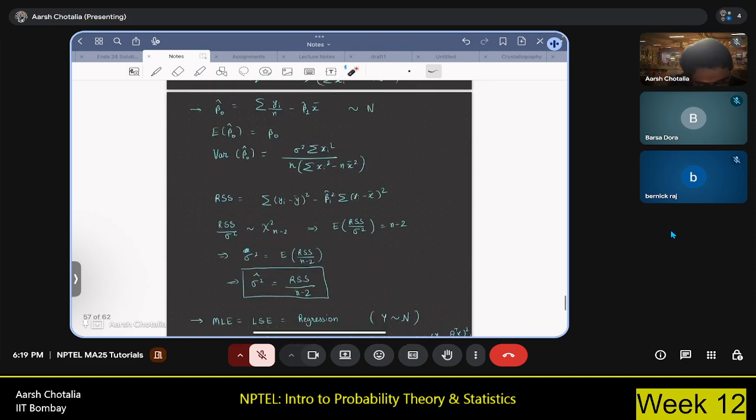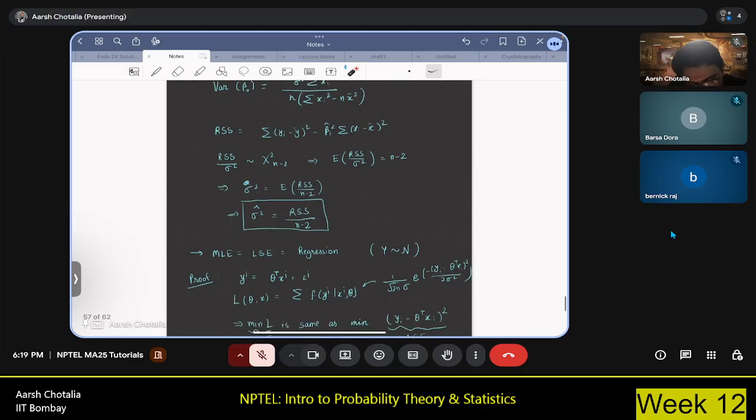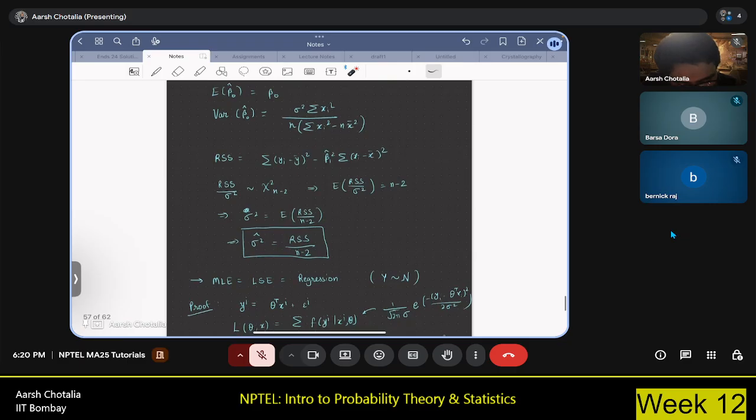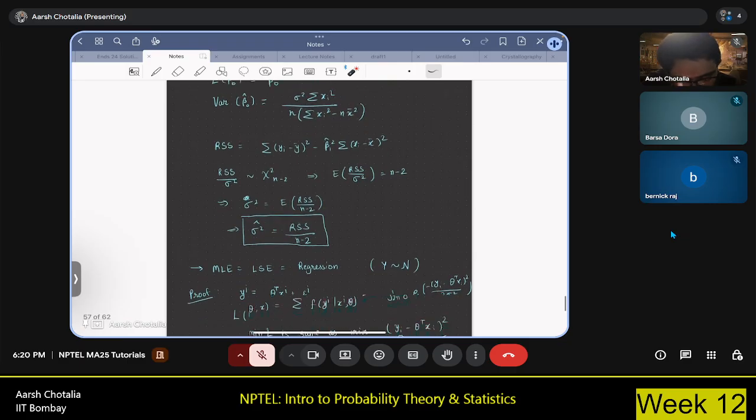Another thing you can show is that the sigma square estimator, the estimation of the variance, is given by RSS by n minus 2. So we can apply regression on that as well.